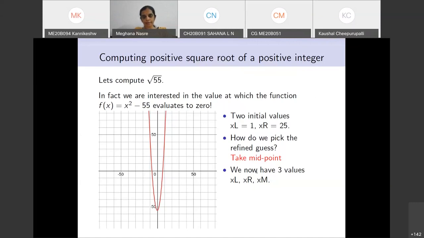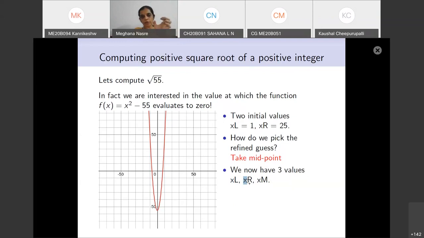Okay, we should always take two values which have opposite sign and find their midpoint. We want to repeatedly keep our invariant that we have two values, where f of the left endpoint evaluates to negative and f of the right endpoint evaluates to positive. Initially we had XL as 1 and XR as 25, and we now want to change one of them.